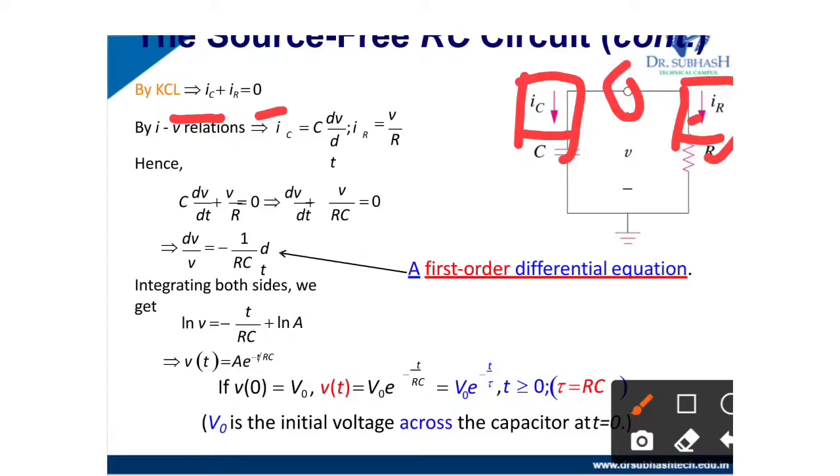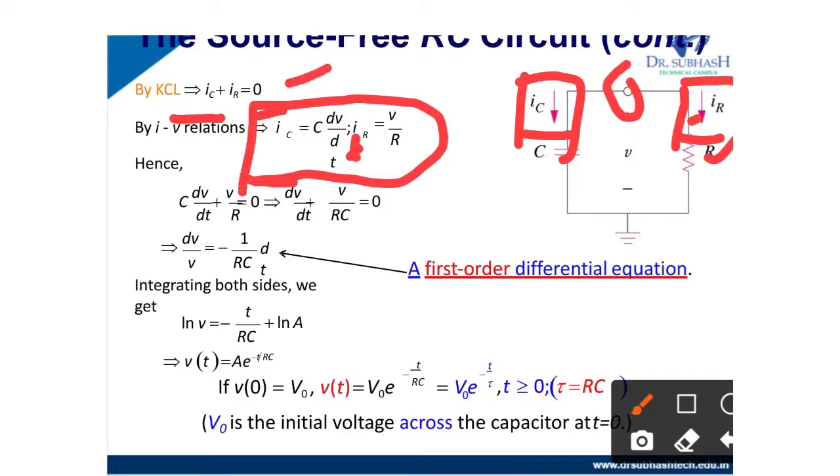By Ohm's law or the IV relation, the current of the capacitor is C dV by dt, and the current of the resistor IR is V by R. We will put these into our KCL equation, so it becomes a nodal analysis also.